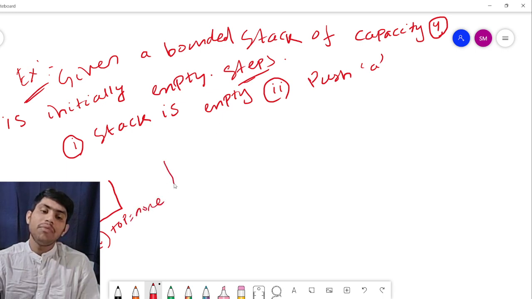In the second step, what will we do? Push A. Where will it be pushed, in the stack top?